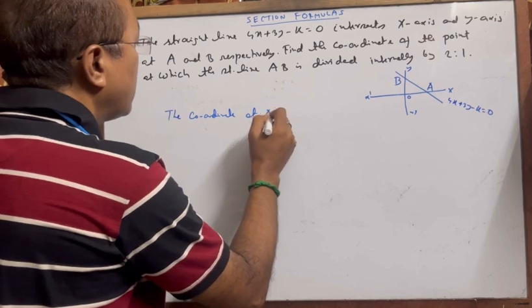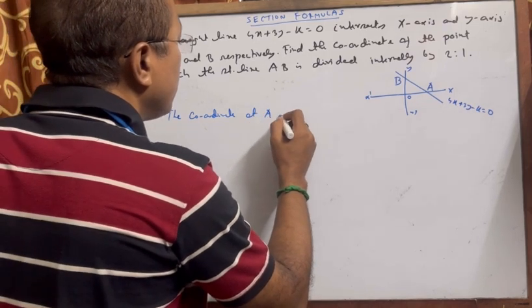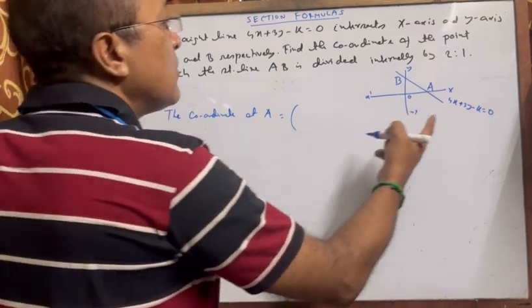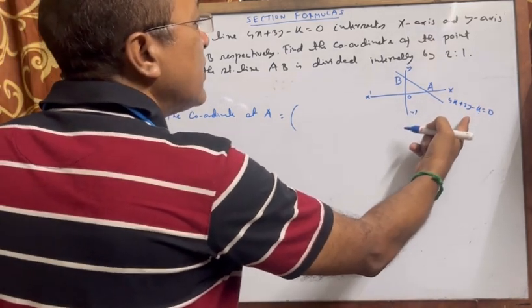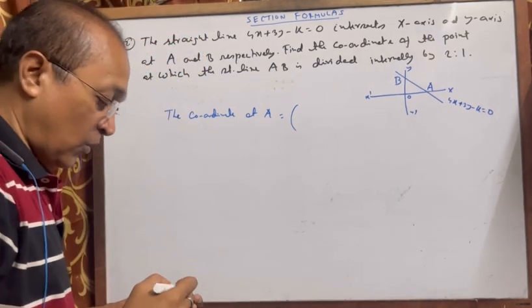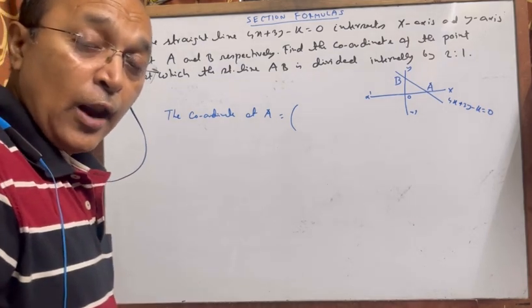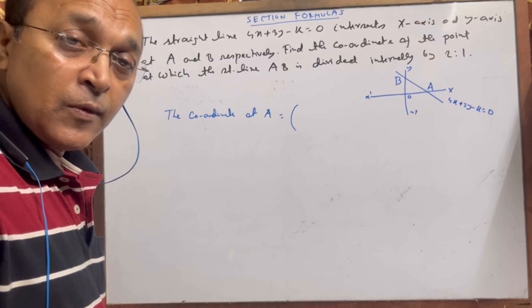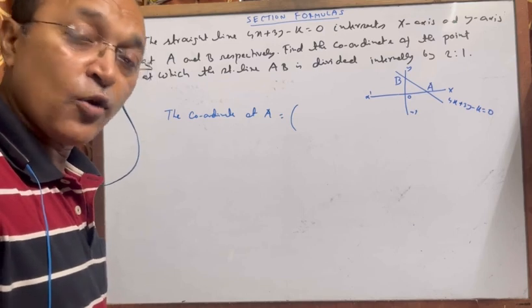The coordinate at A is found by putting y is equal to 0. All of you know along x-axis the y coordinate will be 0 for all the points.